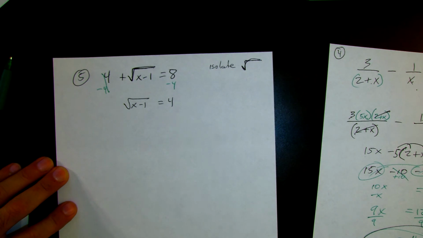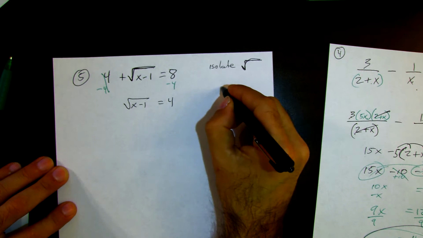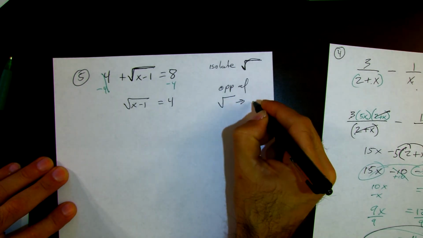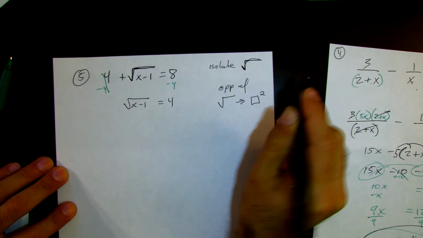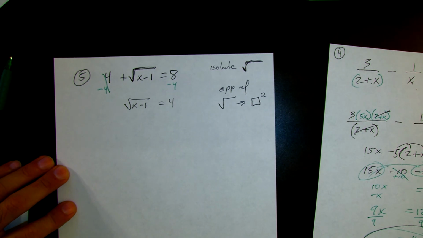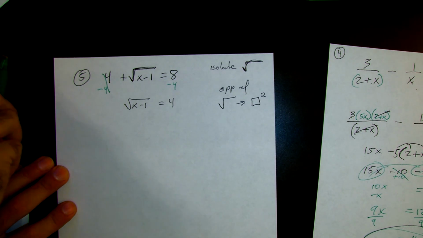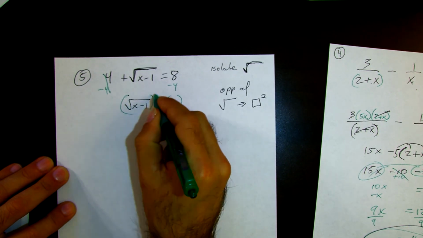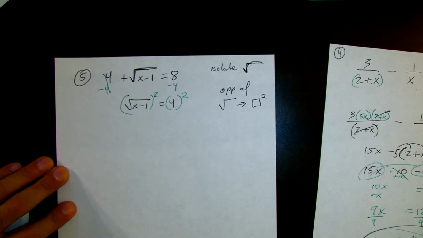Now remember, what is the opposite? The opposite of square root is to square something. So now what I need to do to get rid of this radical symbol is square both sides.